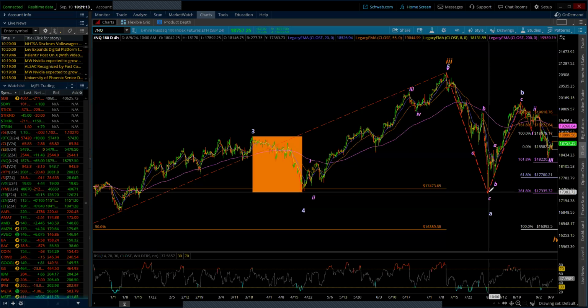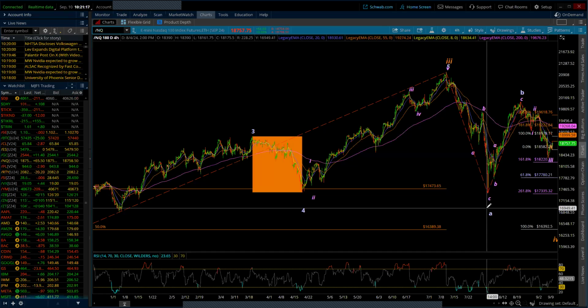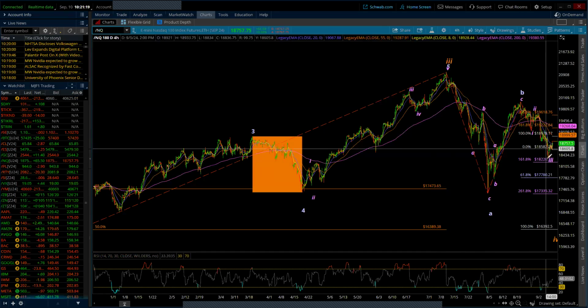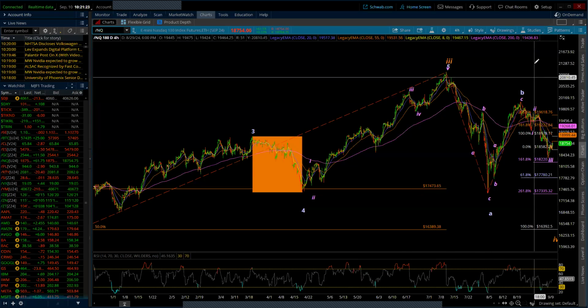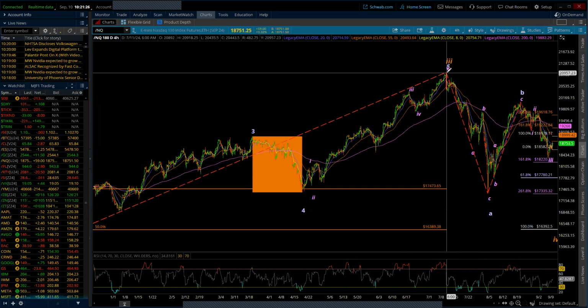Are we at that low, or are we going to build on that low? In other words, are we going to have an A, a B, and then a C wave? So we have one more leg down versus just going straight up and making new highs.